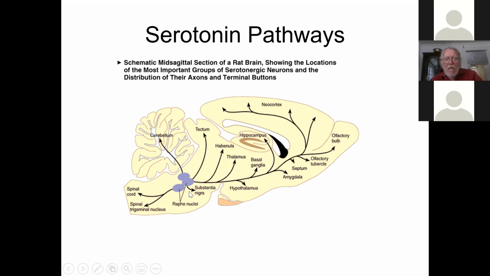And again, only about a third of Raphe cells that are identified cytoarchitecturally contain the neurotransmitter serotonin. Also, serotonin is a wonderful example of a system in which there can be co-release.